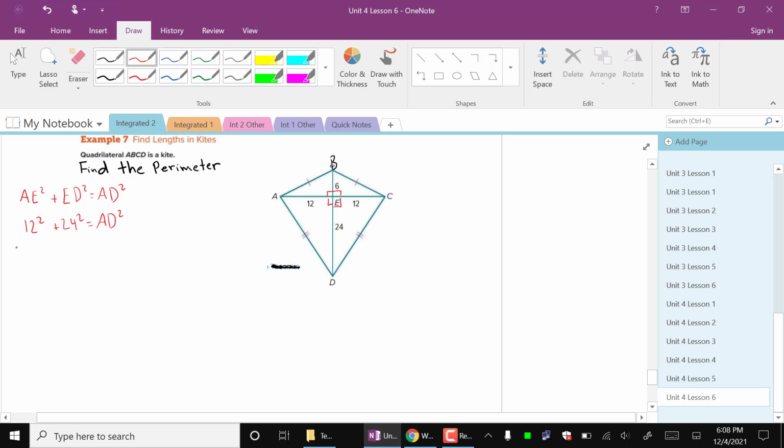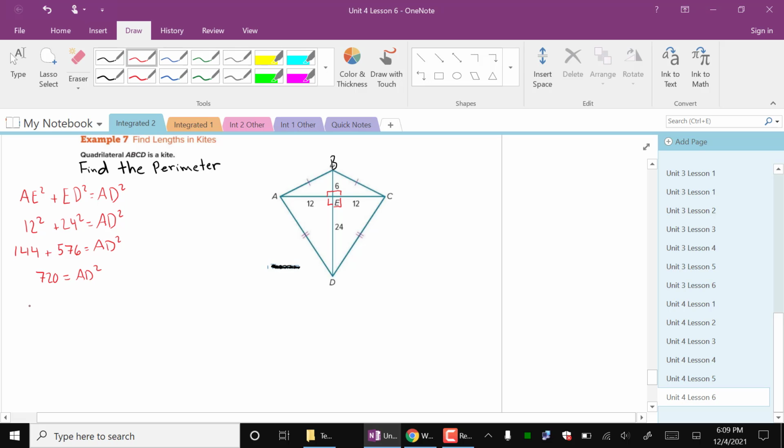Well, 12 squared is 144. 24 squared is 576. Add these two together, that gives us 720 equals AD squared.